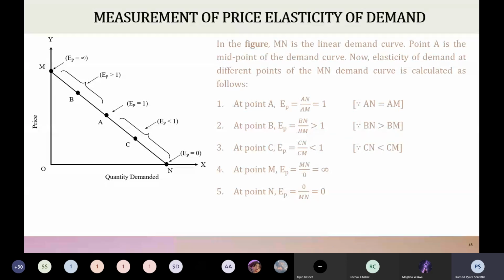Now you can see at the x-axis, EP equals 0, and gradually it is increasing, and at the y-axis, EP equals infinity. So in this way, the value of price elasticity of demand on the same demand curve is different.